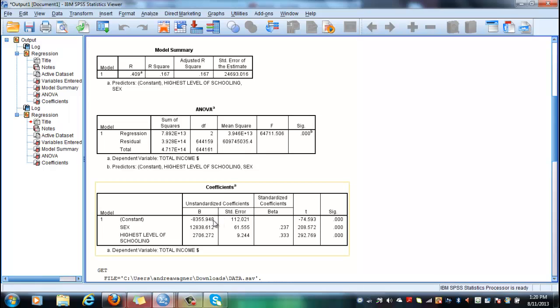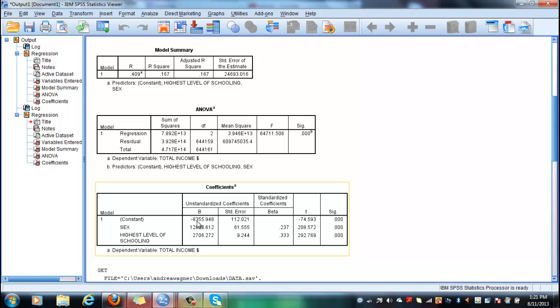When you want to write up this regression line, you know that your constant, your y-intercept, is minus 8,355, and that this is significant, so you can generalize it to the population. What does the information of y-intercept convey? It basically looks at how much your dependent variable will be, given that your independent is 0.